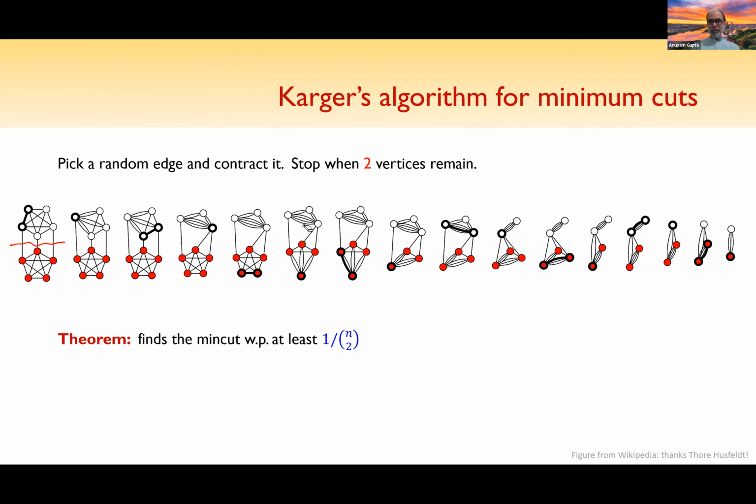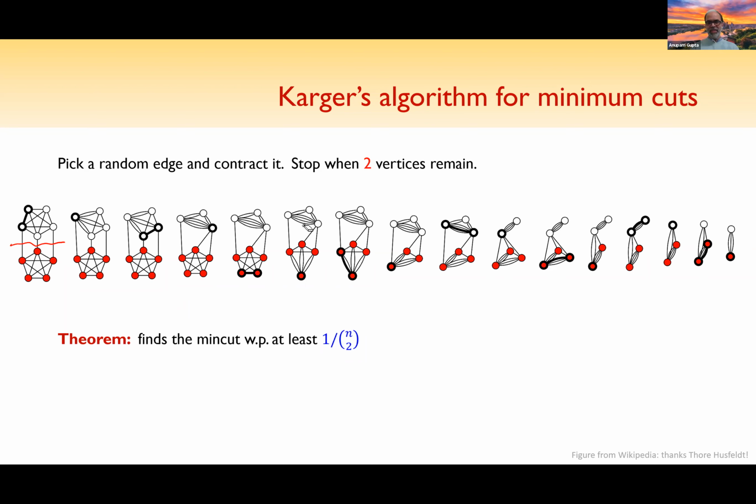And the beautiful theorem that you can prove is that a minimum cut survives with probability at least 1 over n choose 2. And by the probabilistic method, this says there are at most n choose 2 minimum cuts in the graph. And the cycle shows that this is tight. And you can teach it to your first year undergrads, right? You probably do.